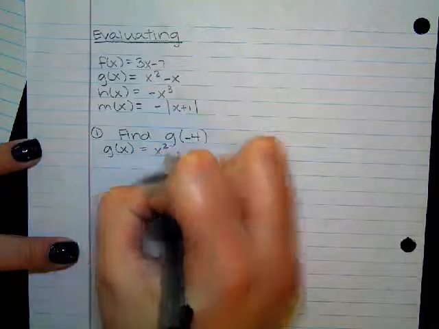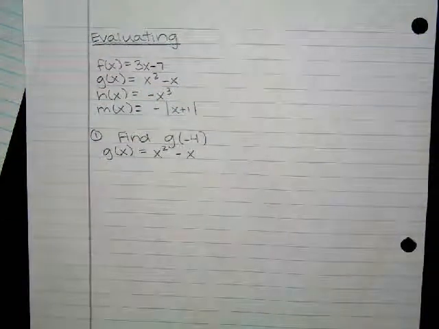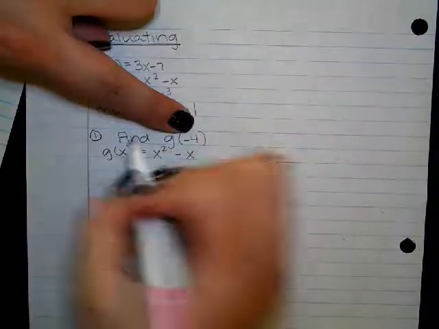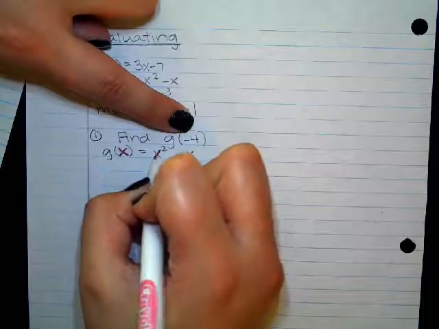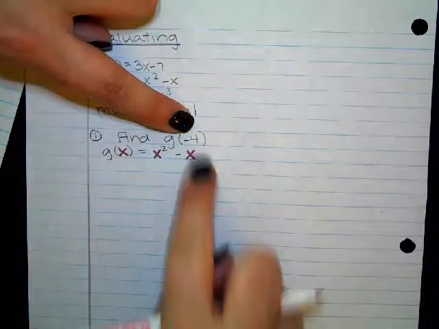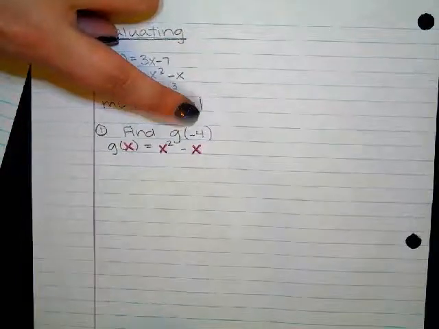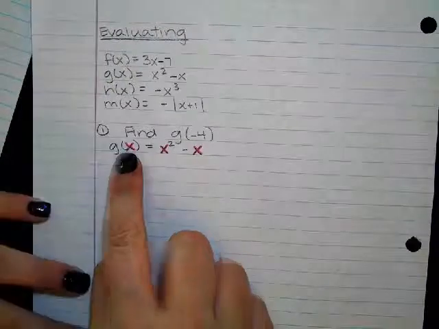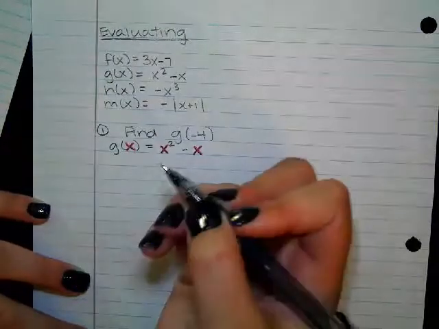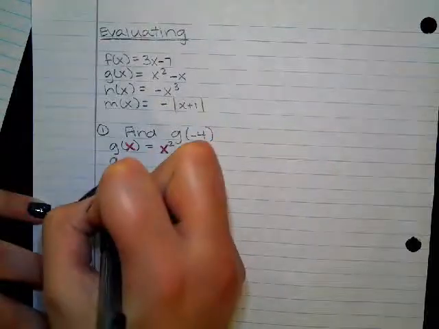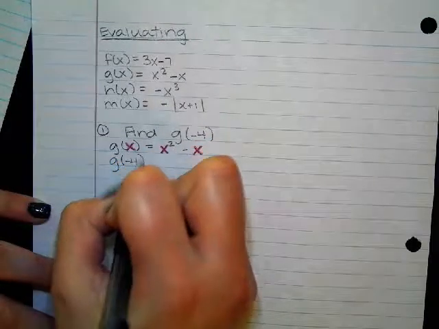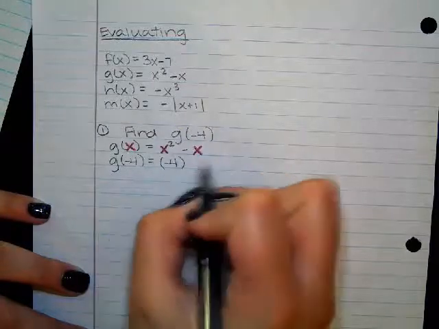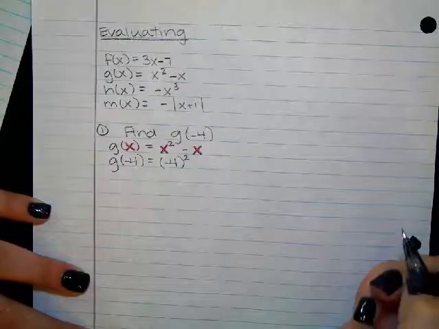And I can see that they are taking the x and they are having us replace the x with a negative 4. And if I look here, I've got 3 places where the x's are. So I've got g of negative 4, this is my notation, and I've got negative 4 squared, and anytime I plug in negative 4, I'm going to have to put it in parentheses, so negative 4 squared minus negative 4.